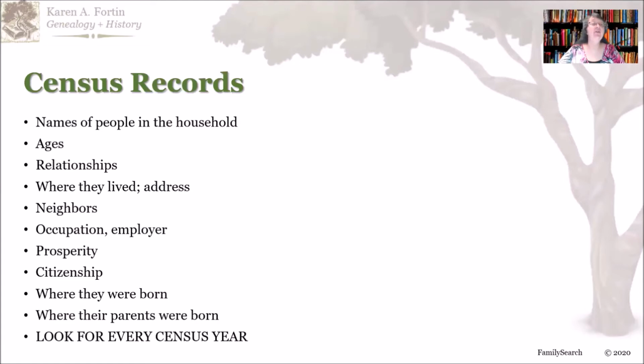However, in 1850, they began asking for the names of each person within the household and the ages for each of these people. You may also be able to find information such as the relationships between each person within the household. You can determine where they lived and sometimes even their exact address.